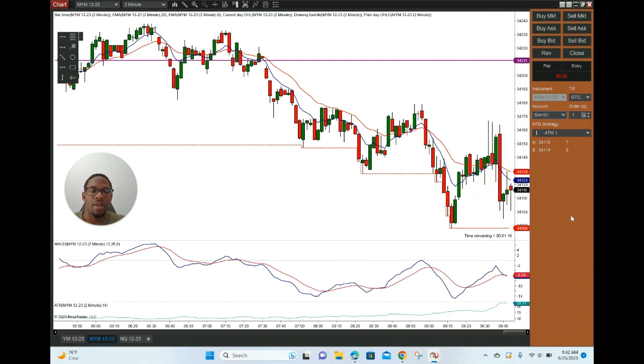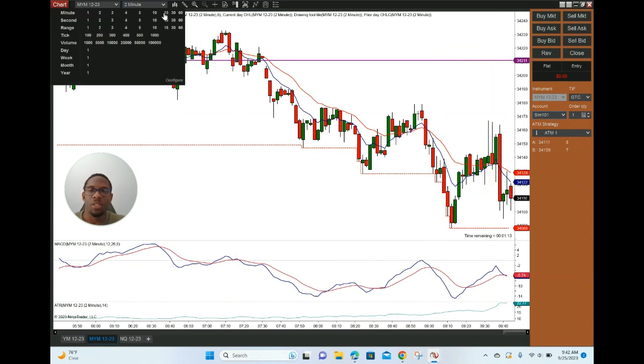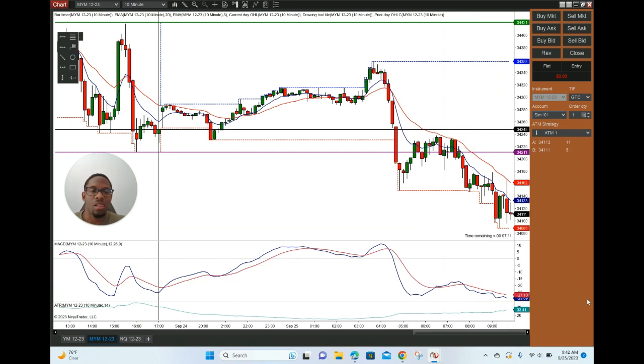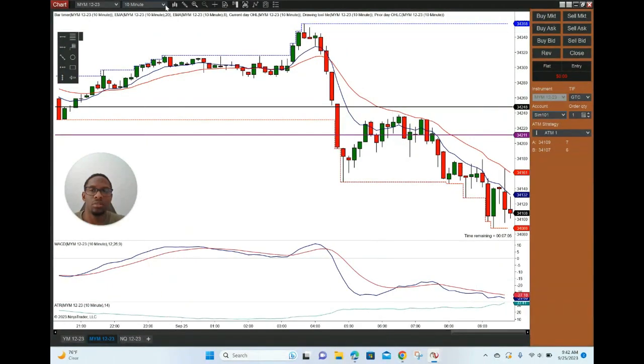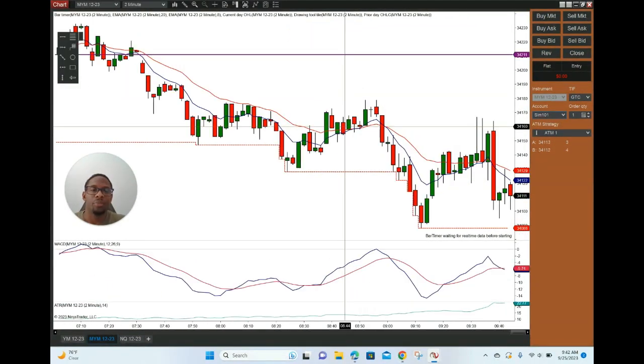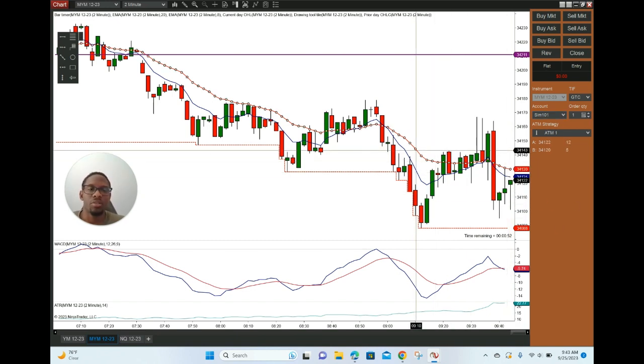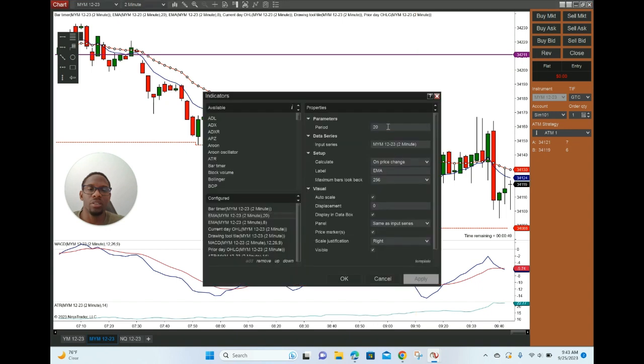All right, so right now, I want to look at the 10-minute. Oh yeah, we could still be pushing down to the bottom. So we'll be looking for short plays on the Dow if this starts going in the right direction. Actually, let me see to make sure I got these levels correct.